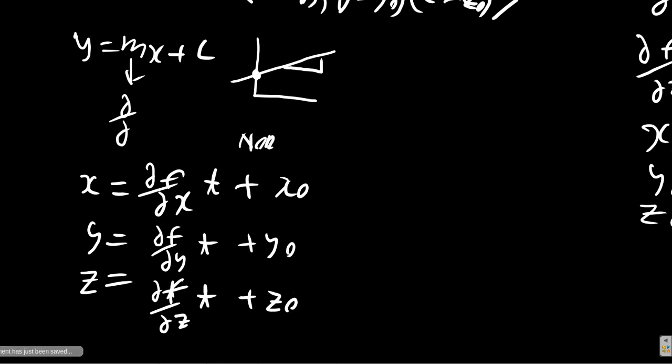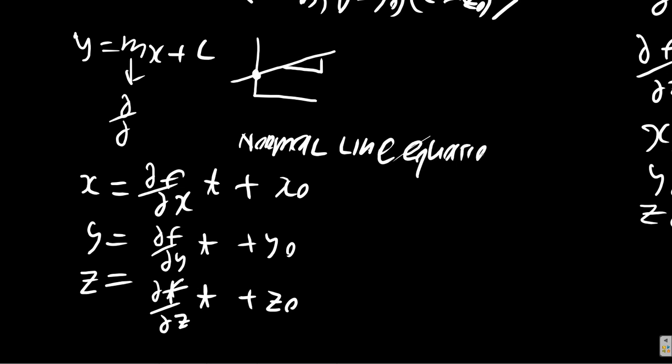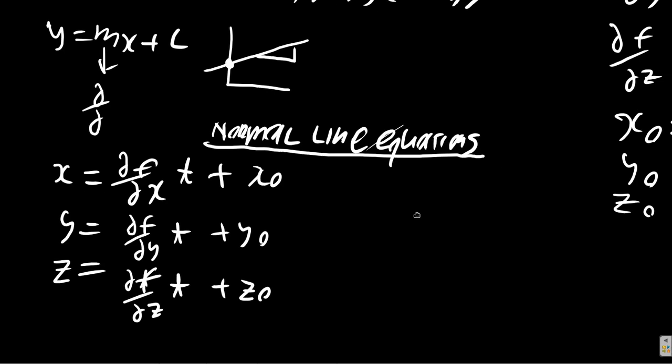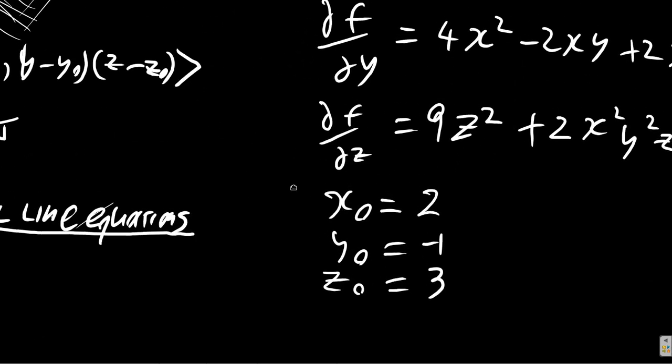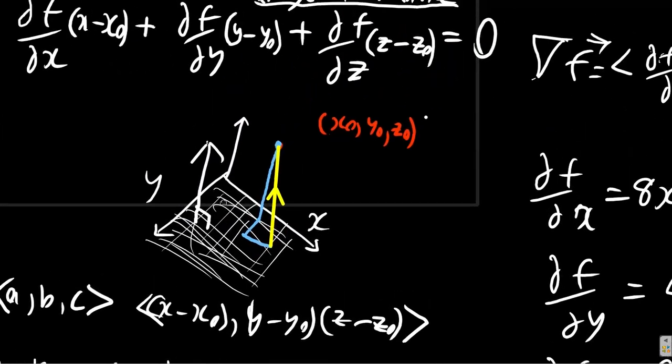So these are the normal line parametric equations. Alright, parametric equations for the normal line. So now we have our values.